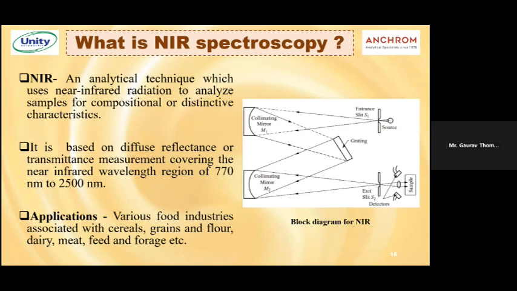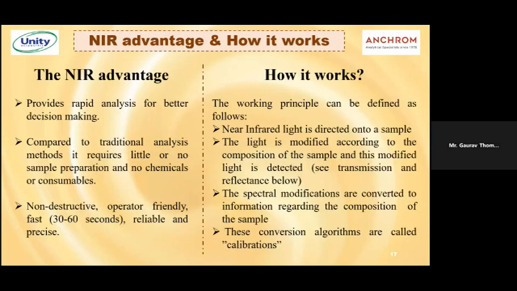During this process, NIR does rapid analysis. So the advantages of NIR, why the secondary technique has to be used over your primary method, is because it gives you rapid analysis.